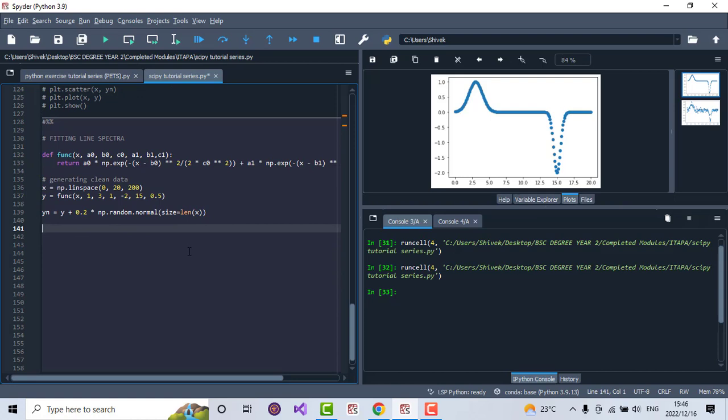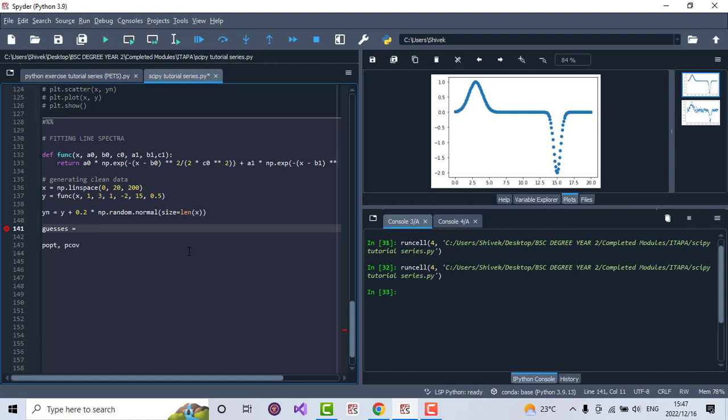Now, before proceeding to type out our popt and pcov, there is one thing I'd like to mention to you. We need to pass a value or an argument to another parameter in the CurveFit function.